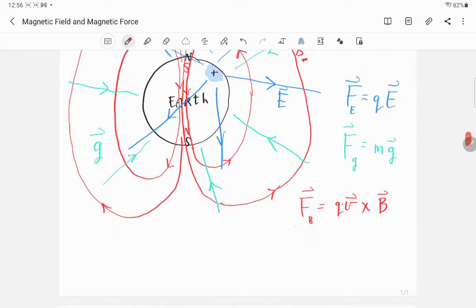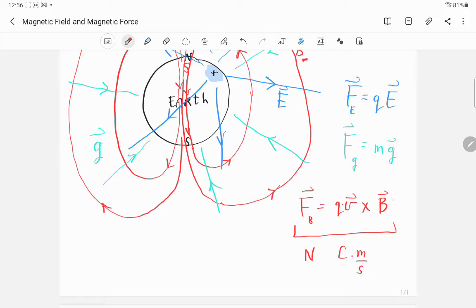And this is a force law. And in SI units, the force will be in newtons, the charge is in coulombs, the motion is in meters per second.